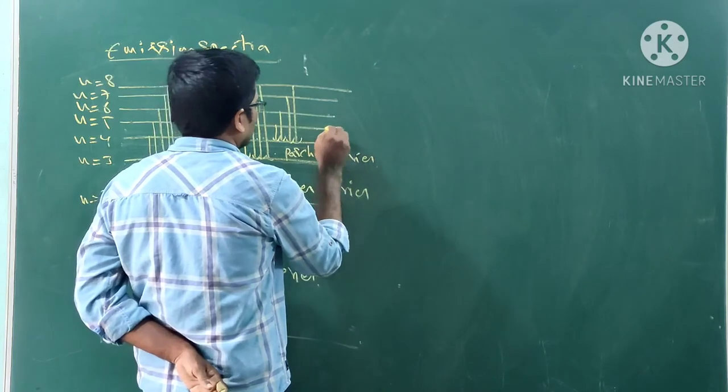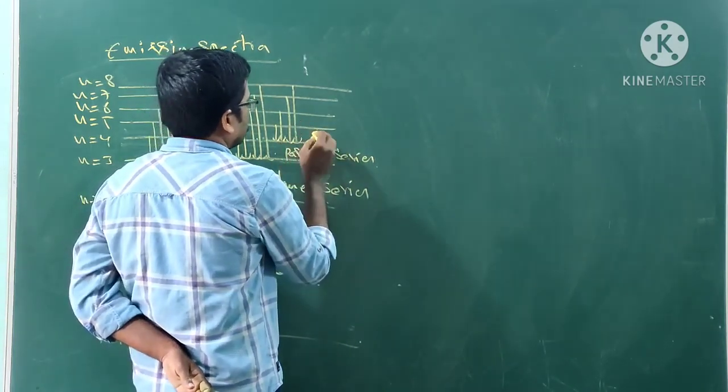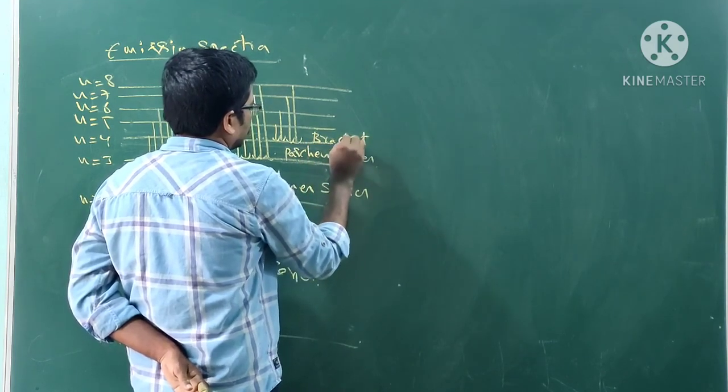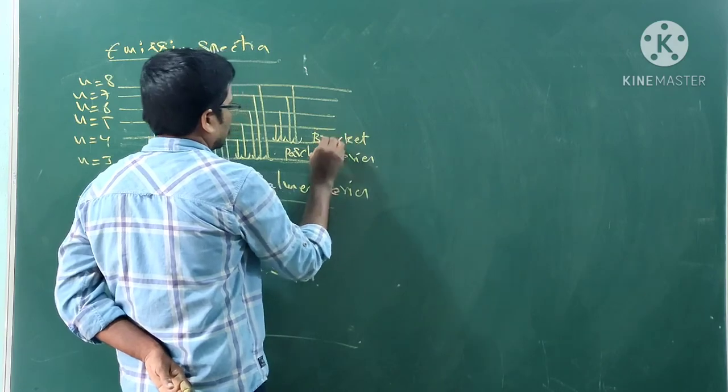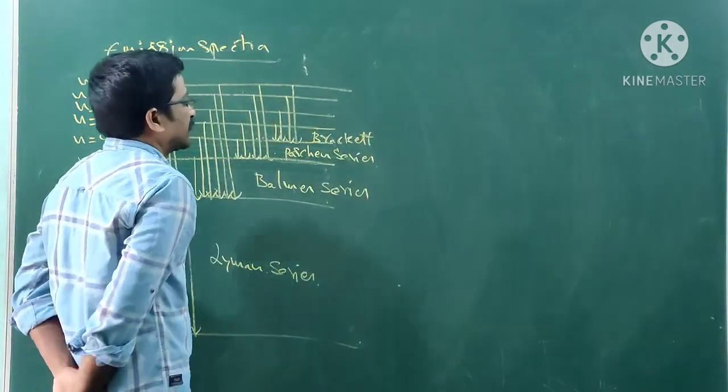These spectral lines are known as Lyman, Balmer, Paschen, Brackett.